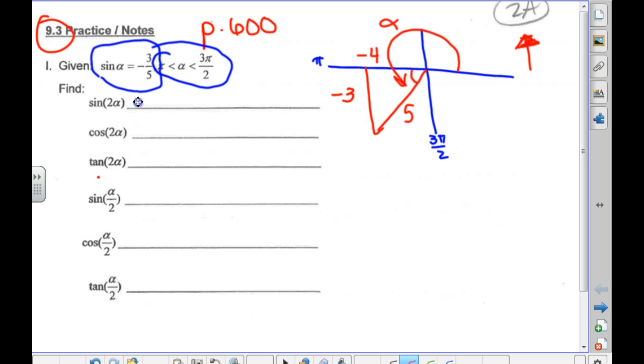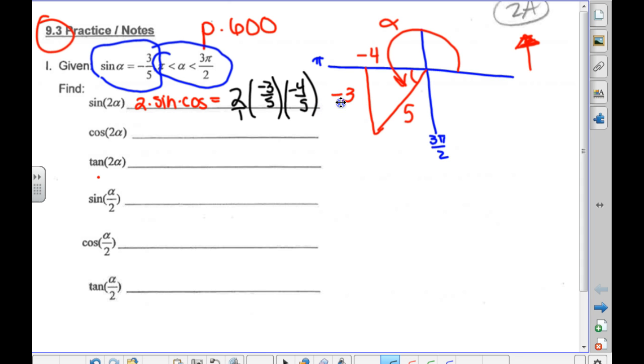Okay, this one's an easy one. Sine of 2 theta. The formula is 2 times the sine times the cosine. Does that sound right? So we need to do 2 times the sine, which is -3/5, and the cosine, which is -4/5. You can use your calculator if you want. You can put 2 over 1 and just multiply across the top and multiply across the bottom.